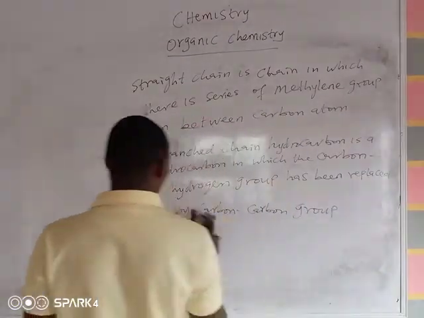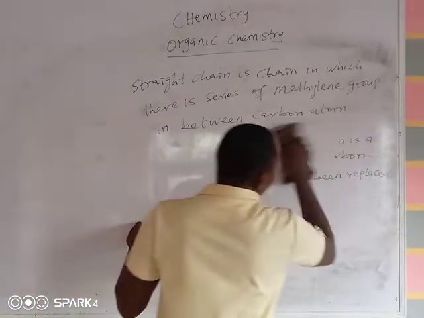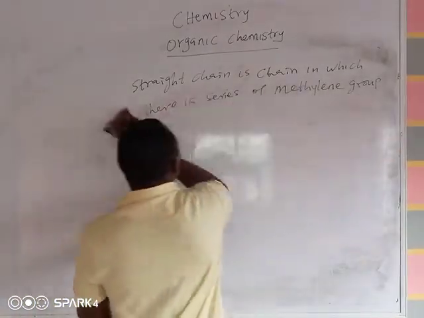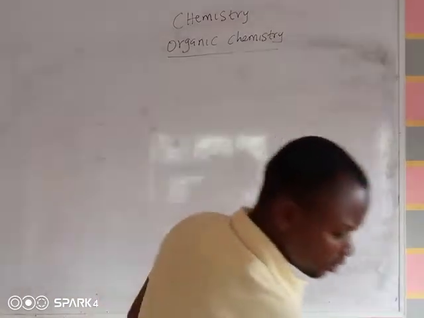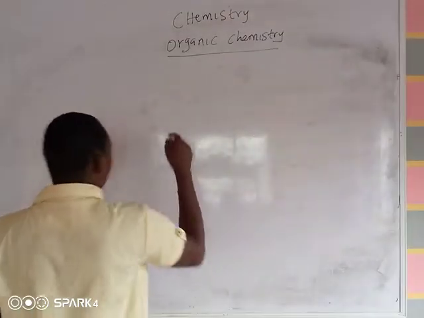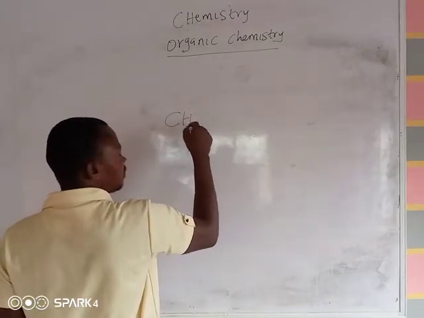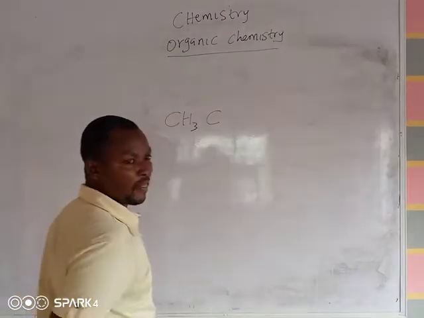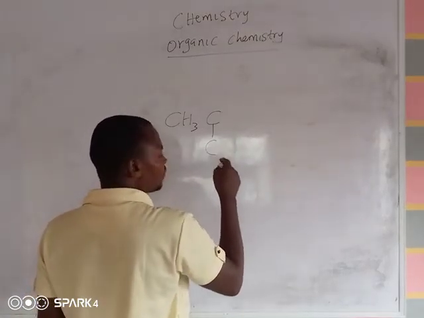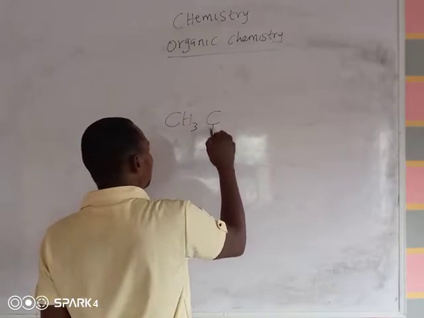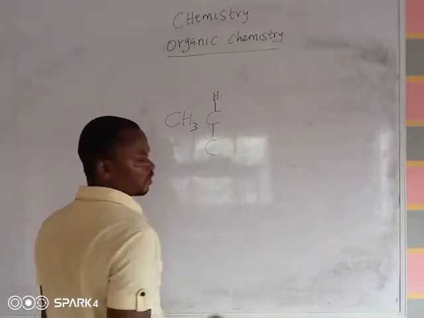Okay? So I will give a structure now so that you can understand what we mean by a branch chain hydrocarbon. Look at this structure. CH3, C, okay? And I have C. On the number day, it's supposed to be CH2. Now I have another C here. Let us have a hydrogen here.